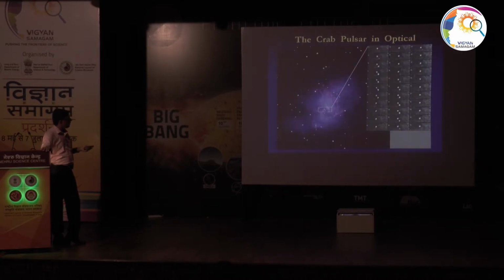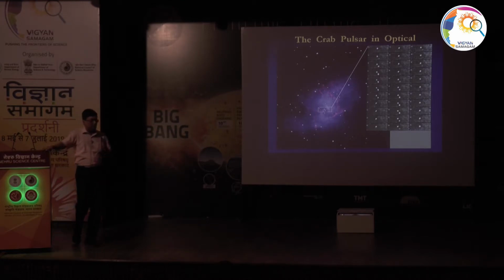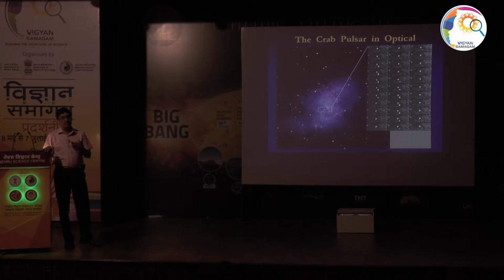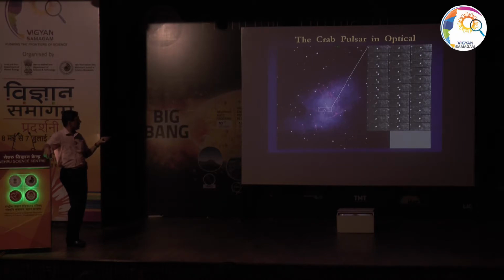Okay, now what I was saying earlier is that these were discovered in the radio, and then people asked this question: can I see these pulses in other bands, like in optical or in X-rays or in gamma rays? And as I was saying in the earlier lecture, most objects don't, and so there are very few of these pulsars which are seen in any other band, no more than one or two, like in optical.